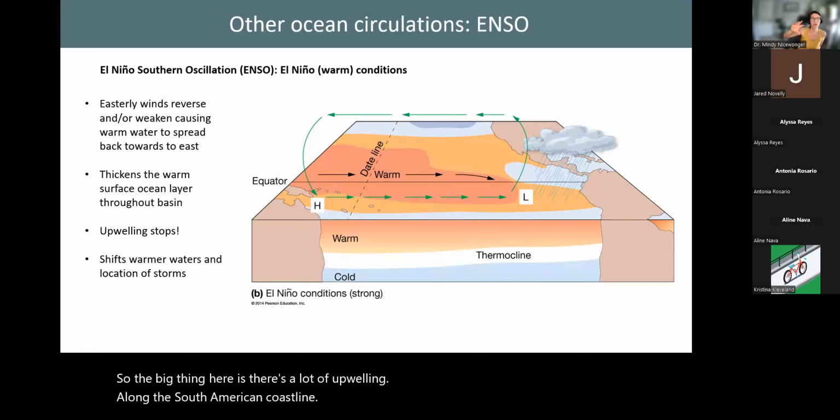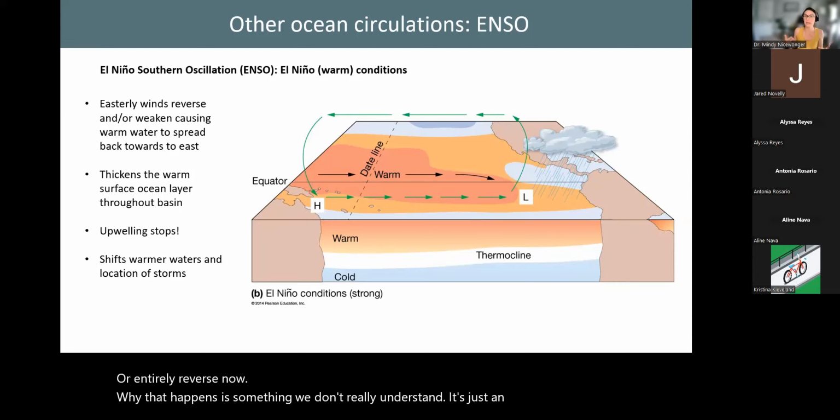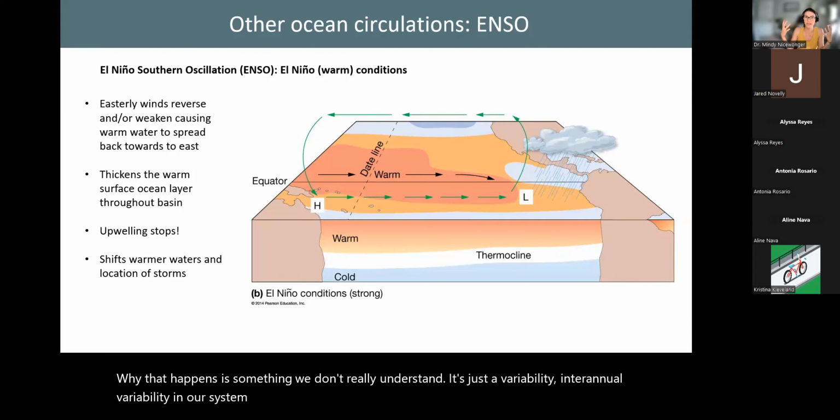Now, sometimes those really powerful easterly winds either weaken or entirely reverse. Now, why that happens is something we don't really understand. It's just a variability, interannual variability in our system, in our climate system.